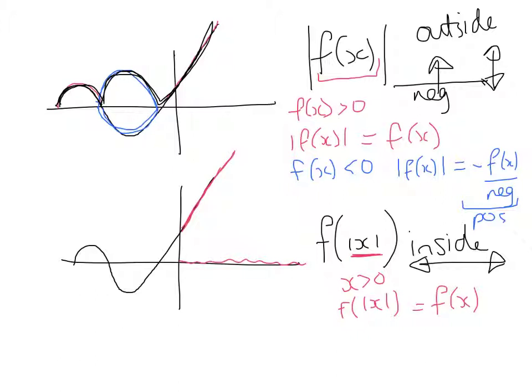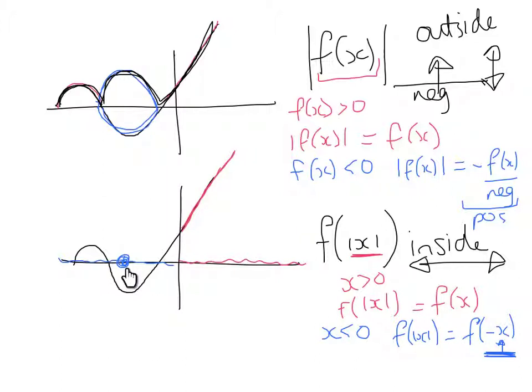Okay, what about if x is negative? If x is negative, so all this stuff, then f of mod x is f of minus x, where that bit's negative, so overall it's positive. So I'm going to do the function f, even though I'm over here, but I'm not doing it to my x.